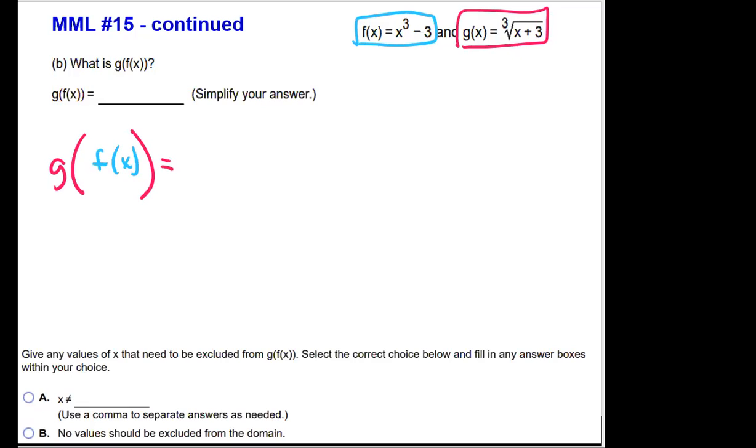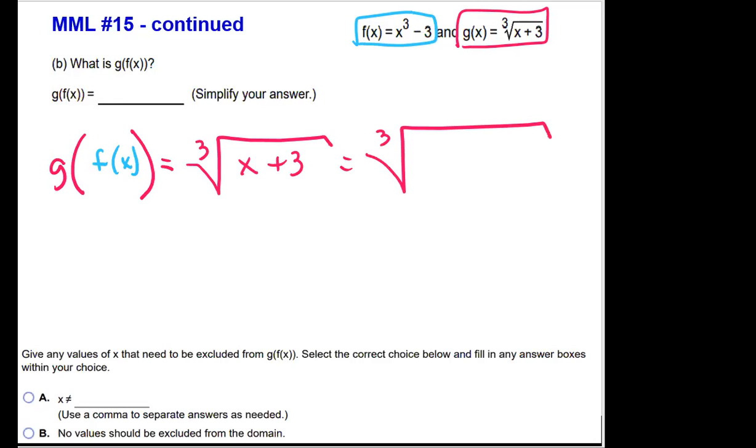Now the pink one was the cubed root of x plus 3. So this becomes the cubed root of, and we're going to take this x cubed minus 3, and you're going to stick that right here. So instead of x, I'll have x cubed minus 3. And then don't forget the plus 3, because that's still there underneath it.